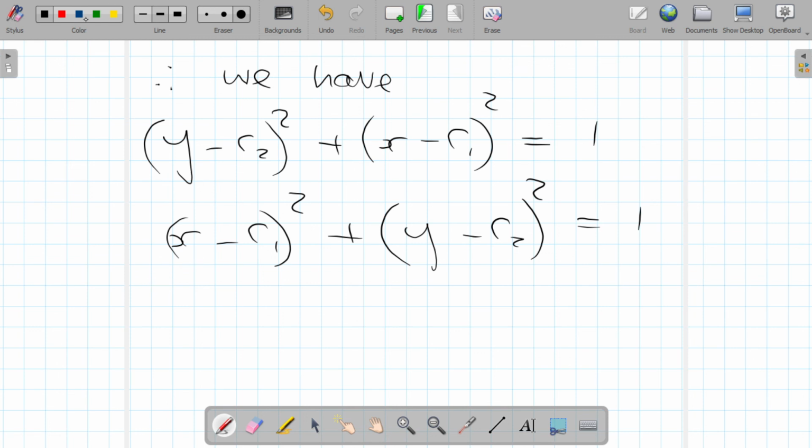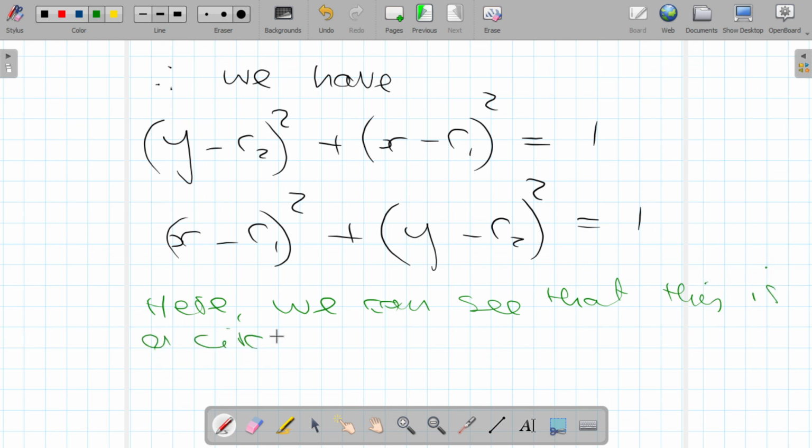So we can see here that this is a circle with center c1, c2, and radius, can't spell radius, can I?